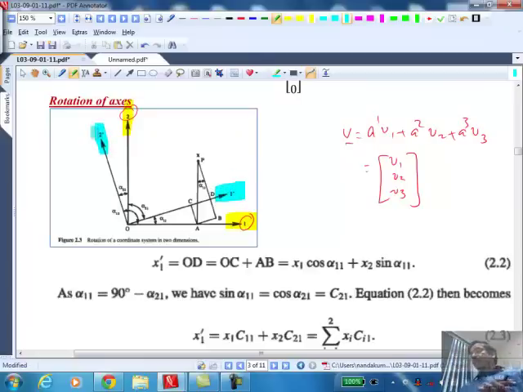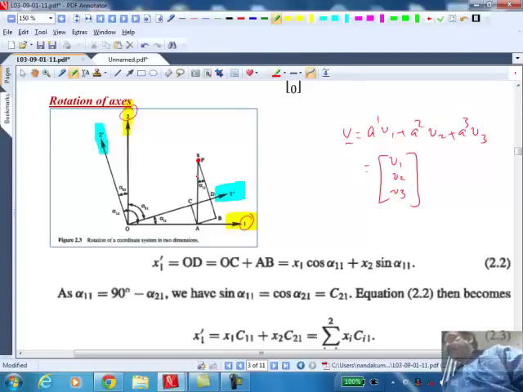Now, just because I have changed my reference, my point P that I'm interested in, the position vector, is going to be the same. It doesn't change. So my question is, how do I tell you to go to P? When we both are talking in the x1, x2 reference, that's very easy.